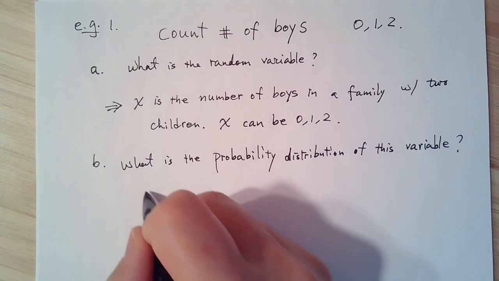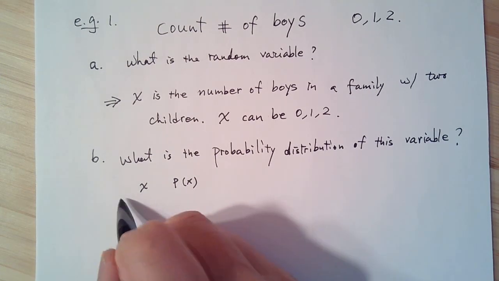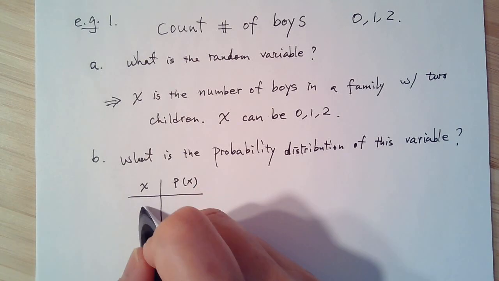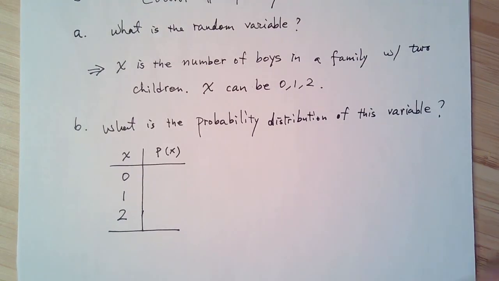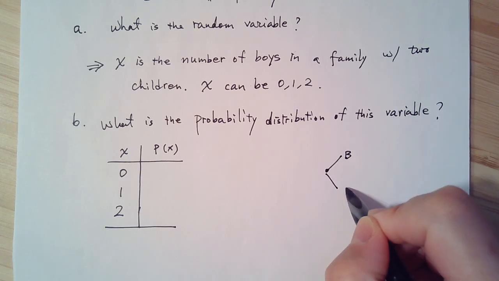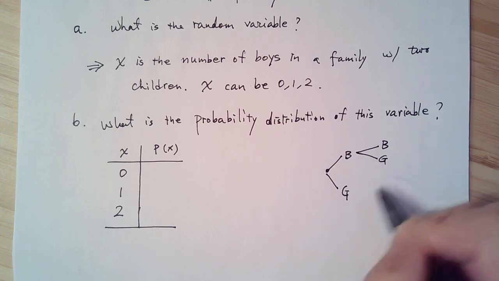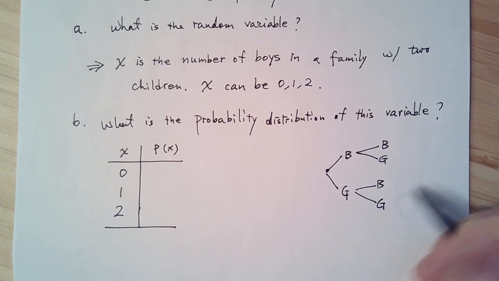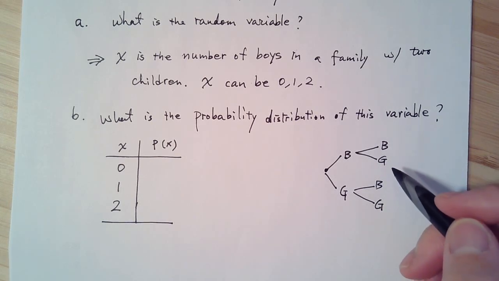What we're looking for is, for each X, what is the probability of X. So X could be 0, 1, 2. With 2 children, it could be a boy or a girl for the first one, and a boy or a girl for the second one. For each of them, boys and girls are equally likely. Actually, it's not; I think boys have a slight edge, like 51% or 52%, but we just assume 50%.